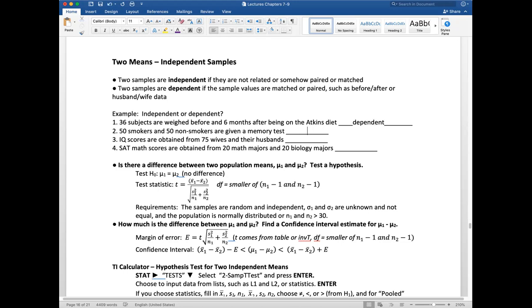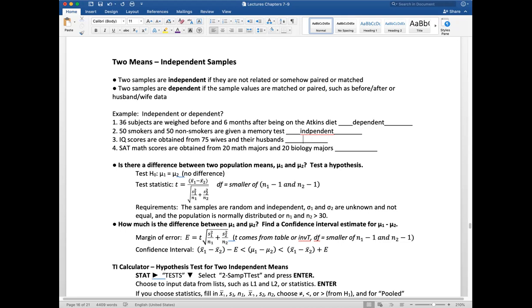The second example: 50 smokers and 50 non-smokers are given a memory test. They are not paired or matched, so it should be independent. Next, the IQ scores are obtained from 75 wives and their husbands.